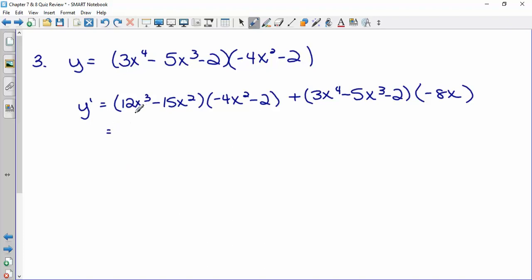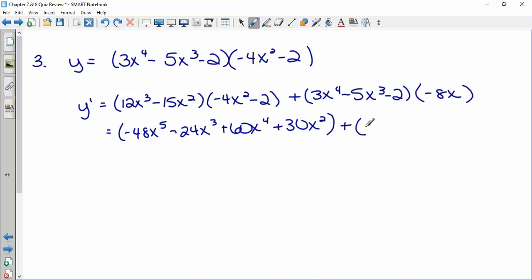So now we could clean up our derivative by distributing everything. So we get negative 48x to the fifth minus 24x cubed, 60x to the fourth, 30x squared. This one, if I distribute my negative 8x, thank you.